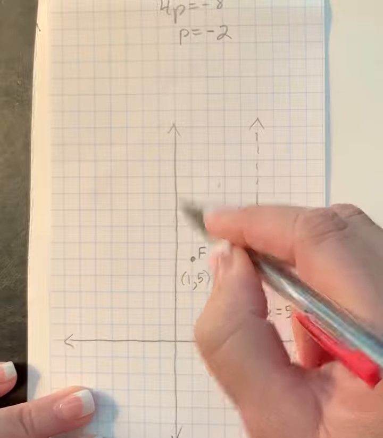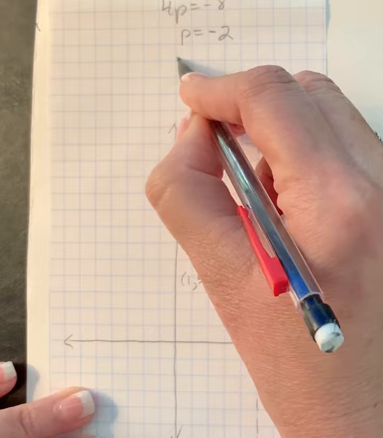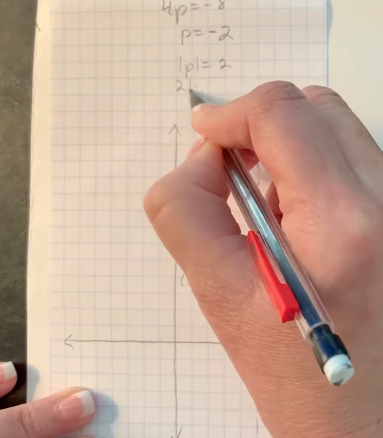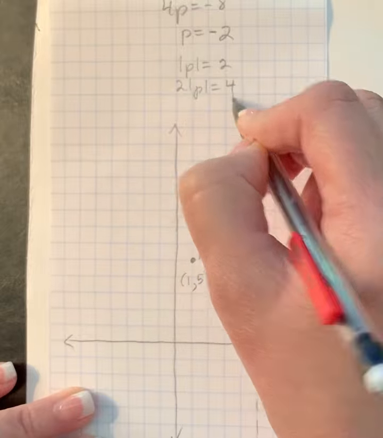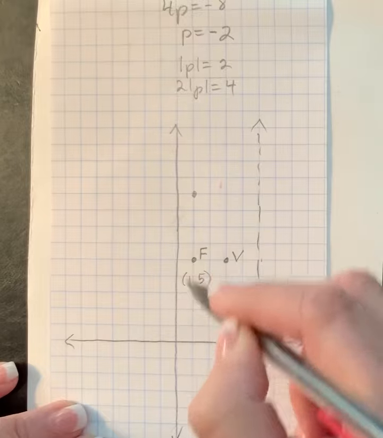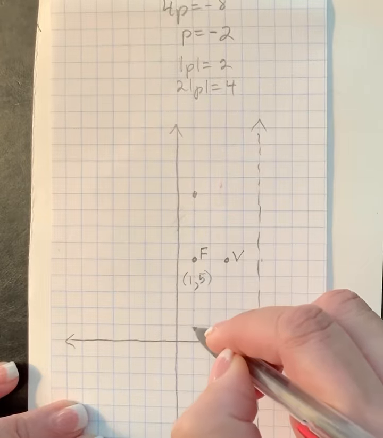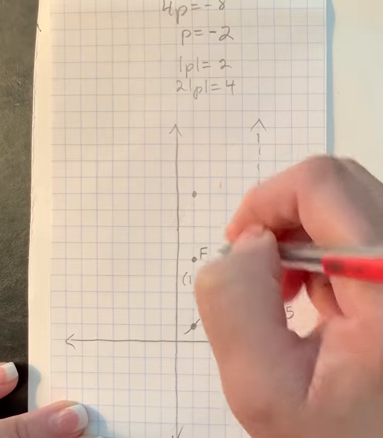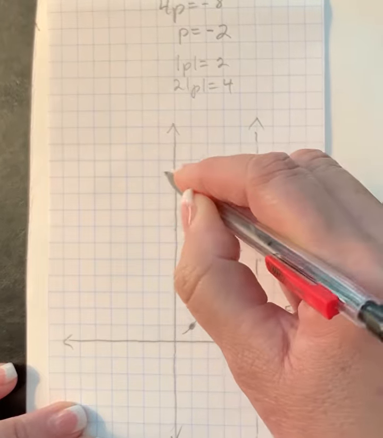Go up and then down. Well, the absolute value of p, that would be 2, and then 2 times that would be 4. So we'll count up 4 spaces, 1, 2, 3, 4, and then down 4, 1, 2, 3, 4, and those points are on the parabola. And there we have a graph of our parabola.